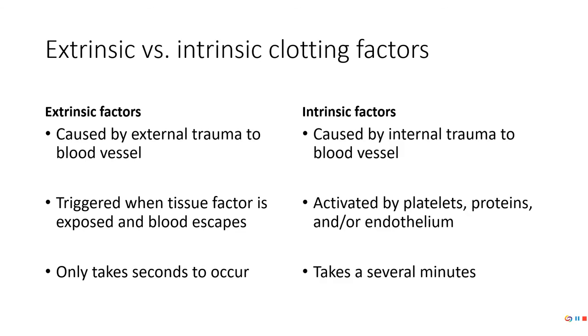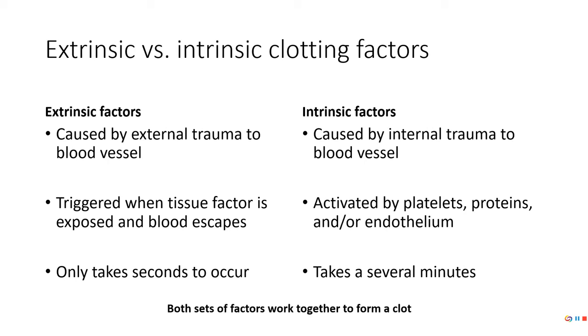Intrinsic factors, on the other hand, occur inside the blood vessel. So this is internal trauma. With this, platelets and proteins inside the blood vessel are activated, and they start the clotting process as well. This takes several minutes. This isn't something that happens right away.